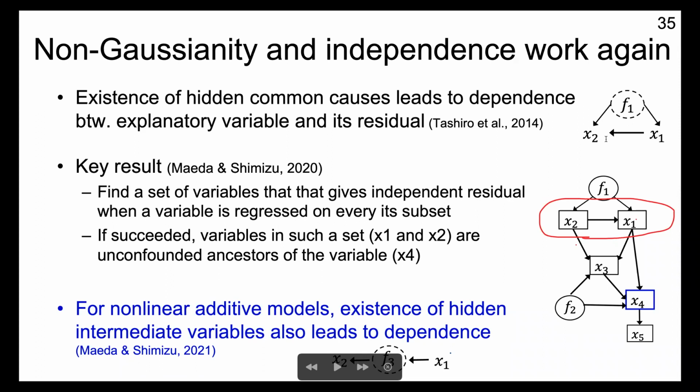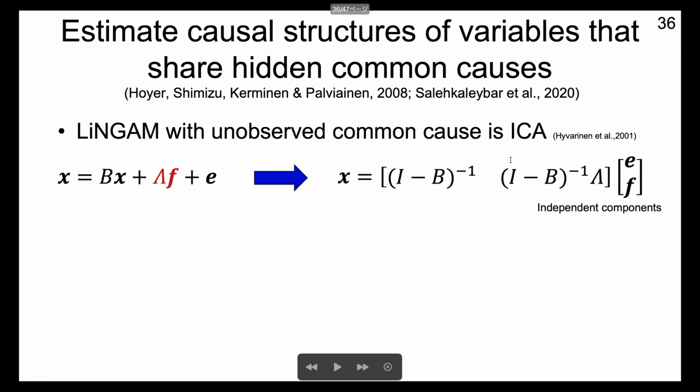We did not estimate the direction between the two. But we sometimes want to estimate the causal direction even for such confounded pairs. In such a case, we can use the following method I introduce now.